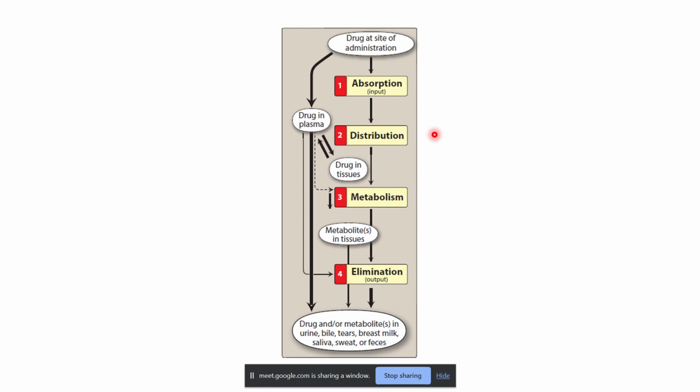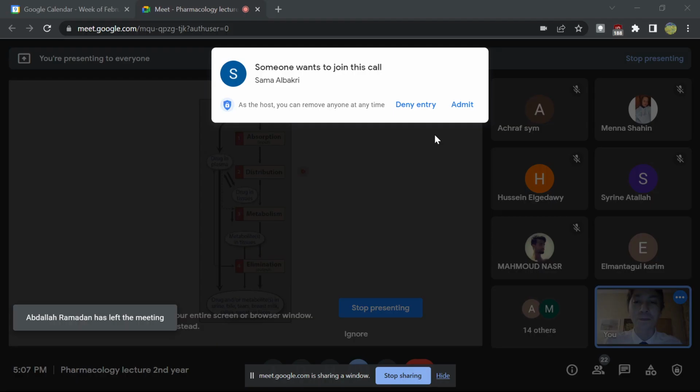Some drugs can distribute to the central nervous system and pass through the blood-brain barrier.